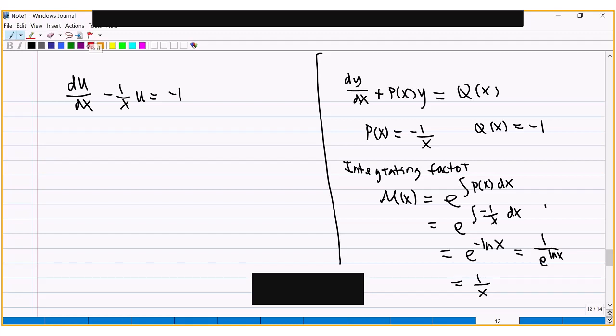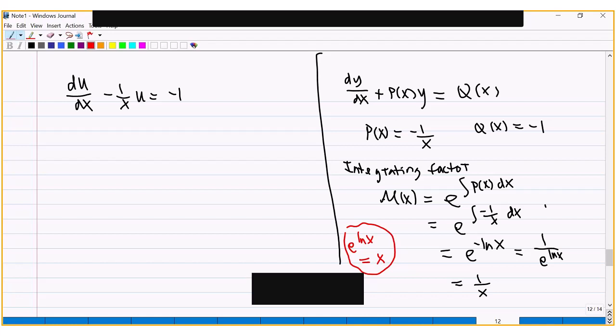You have to remember e power ln x is x. e and ln are inverse functions of each other.